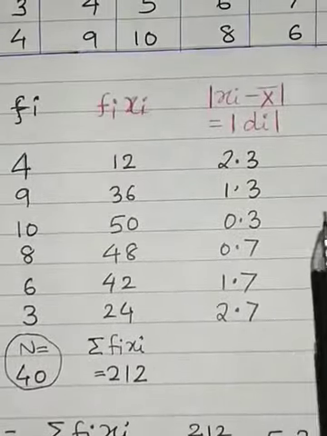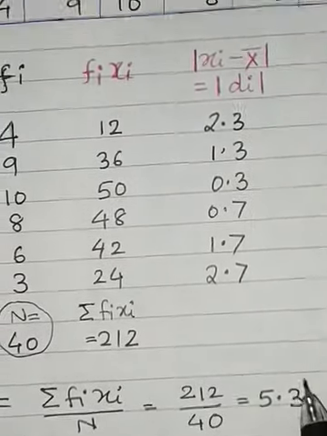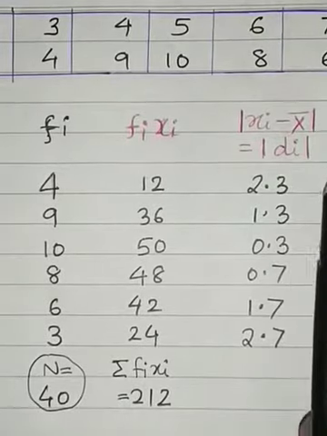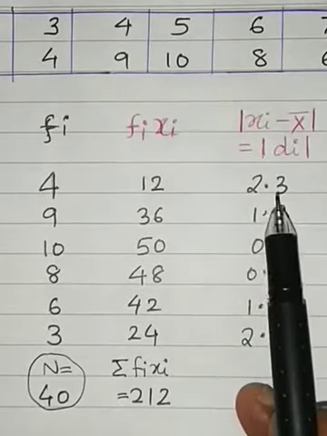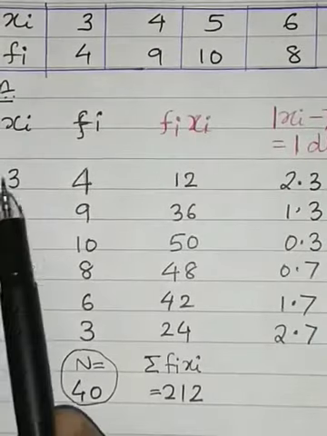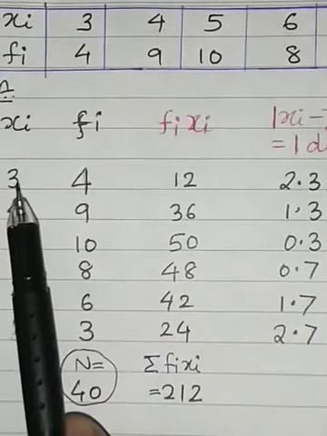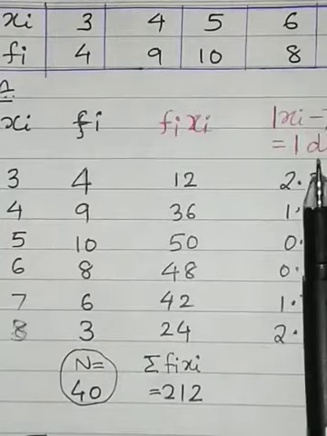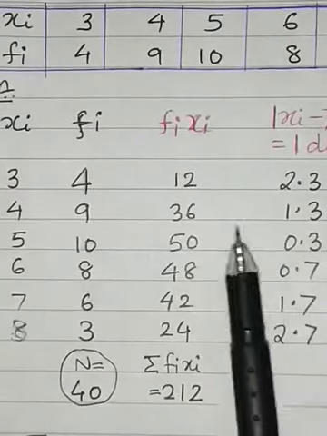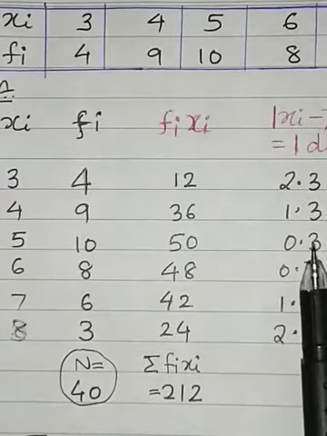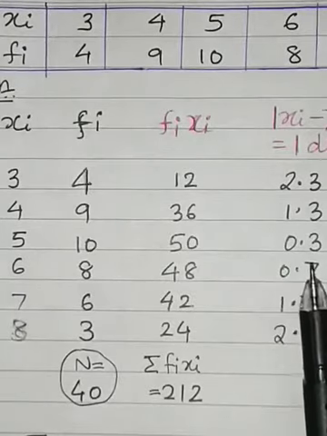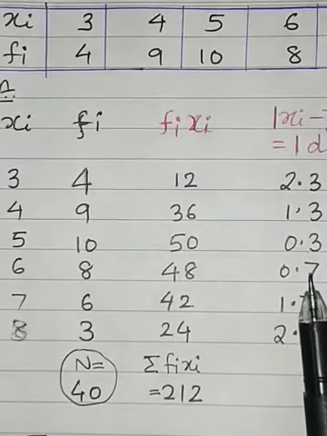Now after finding x bar, let us make this column xi minus x bar, and I will write it with the mod. So the first entry here will be 3 minus 5.3, that is 2.3. 4 minus 5.3 is 1.3. 5 minus 5.3 is 0.3. 6 minus 5.3 is 0.7.